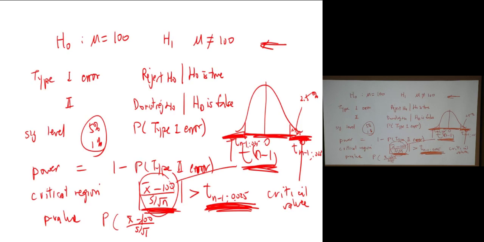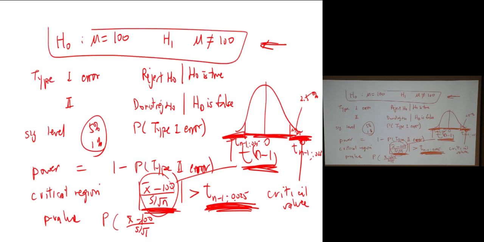in this example, we're talking about this one, bigger than what you observed. Let me call this a t random variable with n minus 1 degrees of freedom, bigger than what you observe.